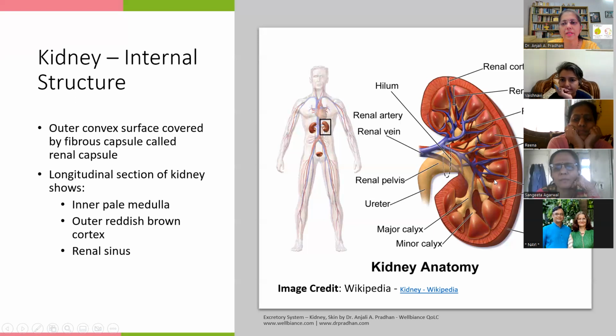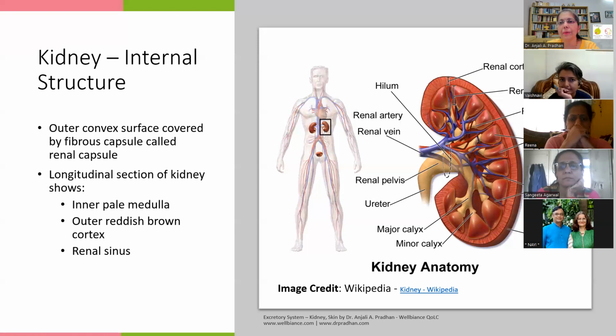It is called as renal columns. And these renal pyramids, okay, this is renal papilla.